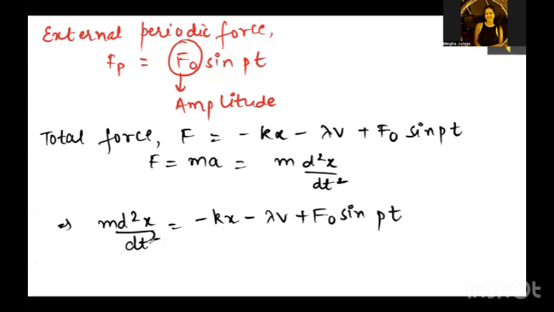Now let's substitute the value for this v also.